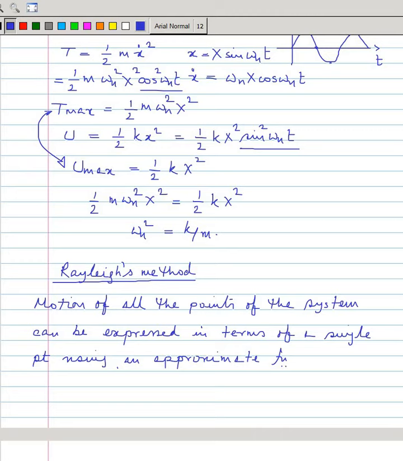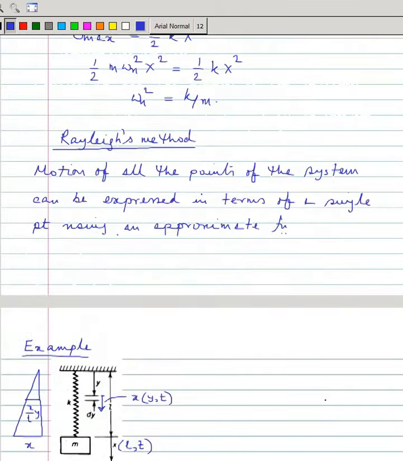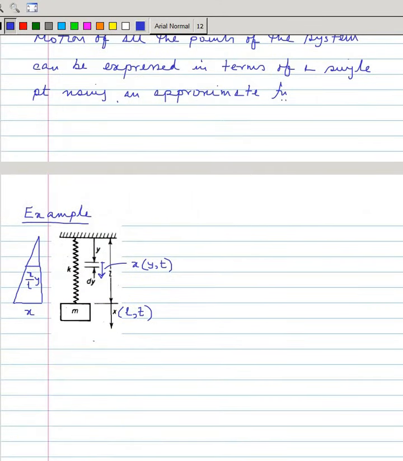So let us try to understand it with the help of this example, where this is a spring with mass.